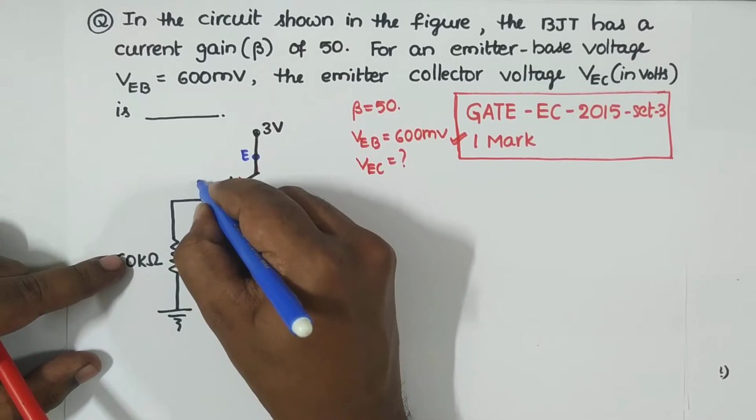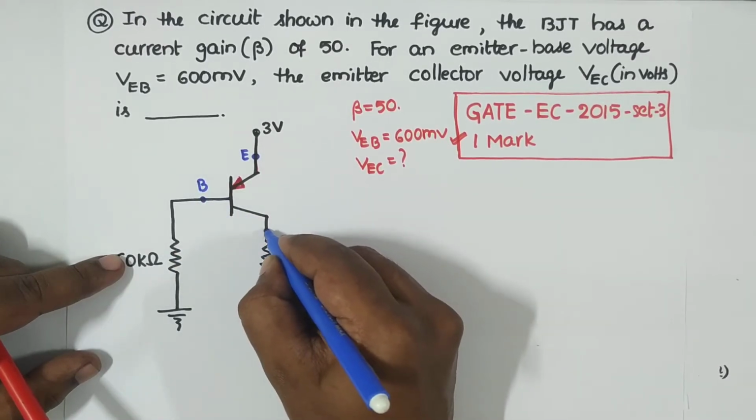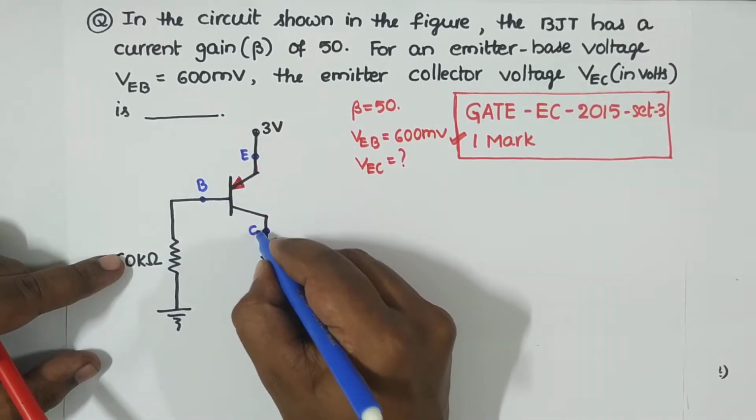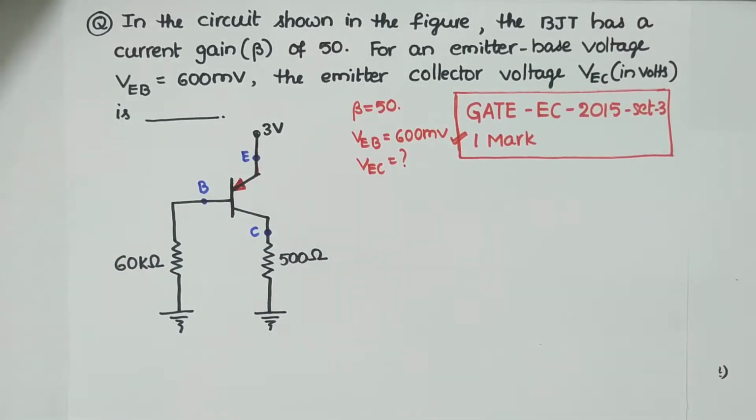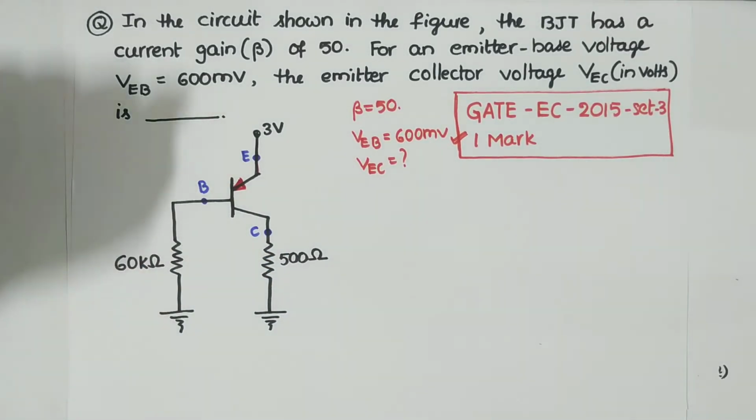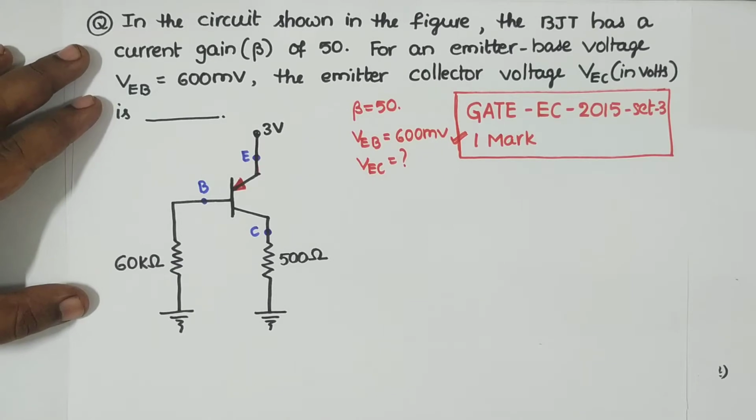This fellow must be the base, and this fellow is the collector. This is a PNP transistor with 3 terminals.